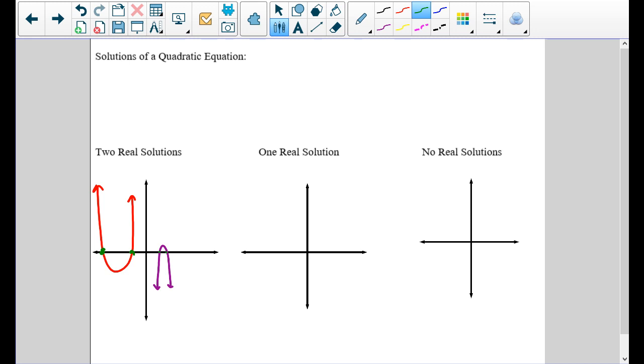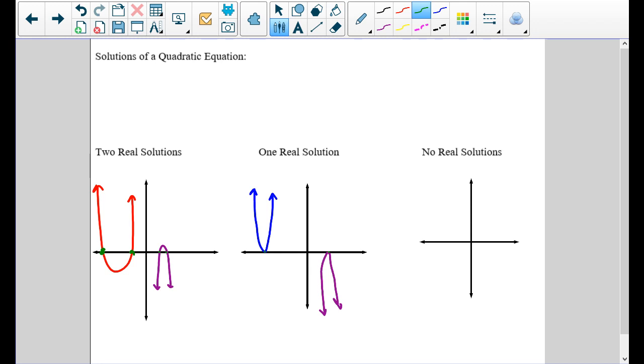Option two, one real solution. So I can have a graph come down, opening up, graph comes down, the vertex is right there on the x-axis. So I only have one real solution there. Same thing, graph could be opening down, so it can come up, touch vertex on the x-axis, and go back down.